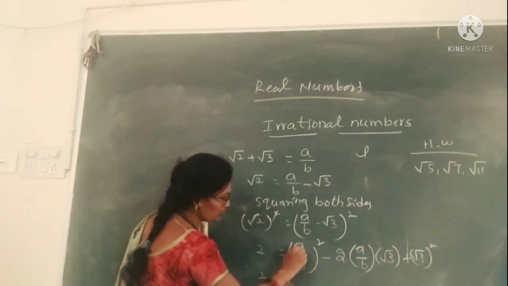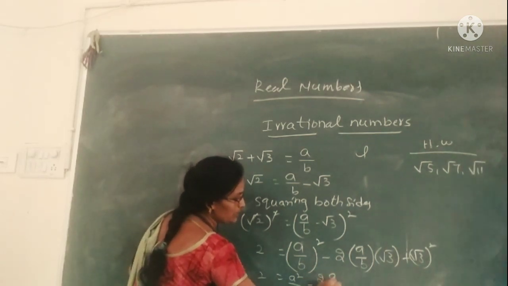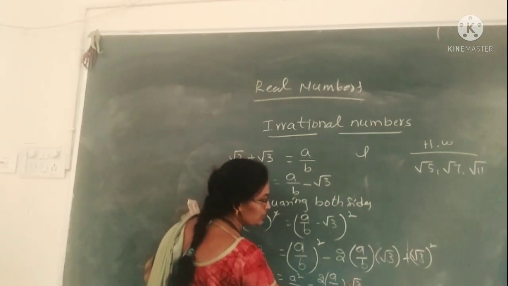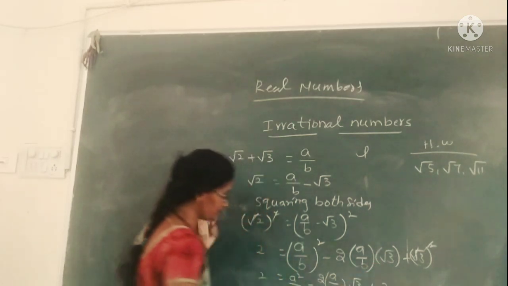So 2 is equal to a square by b square minus 2 into a by b root 3 plus 3.